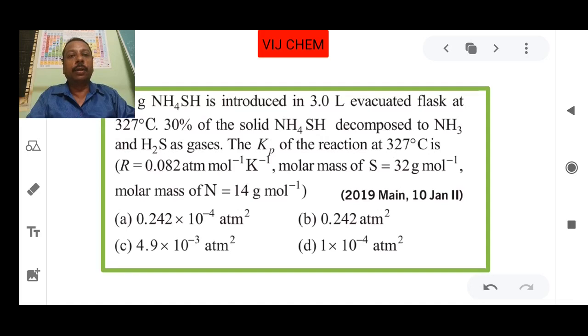NH4SH is a solid, so it should not be counted in terms of the pressure. The Kp of the reaction at 327 is, and molar mass is also given, and 4 options are given. 2019 Mains, 10th January, 11th question. Try to solve it.